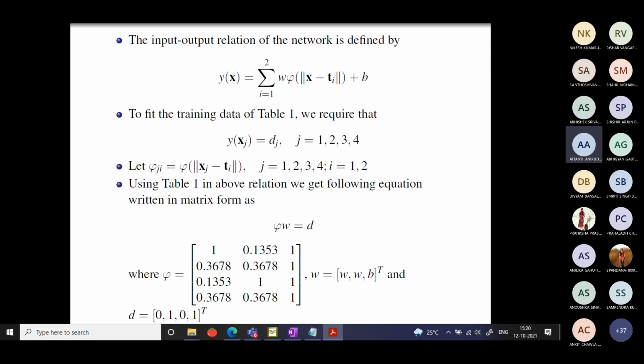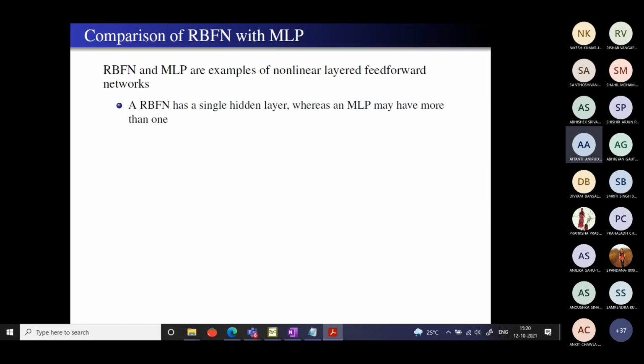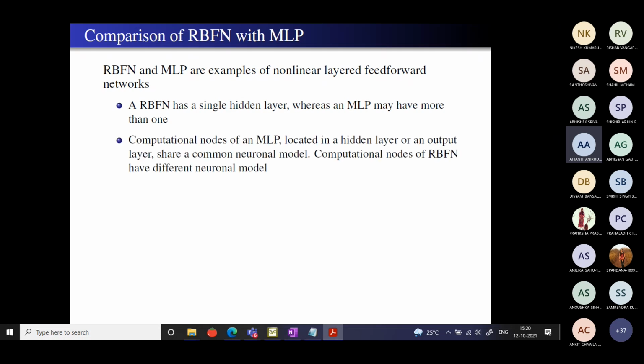Now let me quickly correlate how this compares with MLP. RBFN is a single layer structure, whereas MLP can have more than one. This is one common difference. Also, the computational nodes of MLP, located in the hidden layer or the output layer, share a common neuron model, meaning everywhere it is McCulloch-Pitts only.